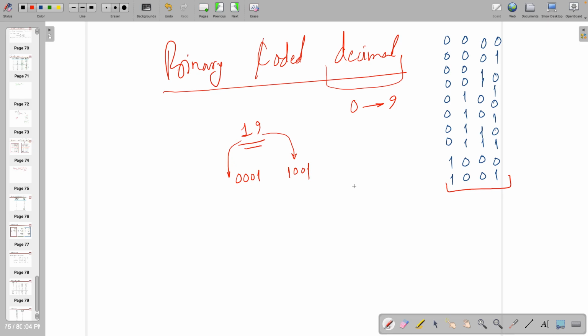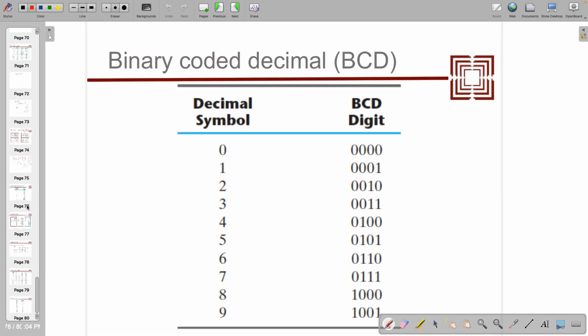If I want to write 229, then I am going to write 1001 for 9, 2 is equal to 0010, and so on. So it's binary coded decimal, it's pretty easy. The same thing is followed here, that BCD digits go from 0 to 9 and the rest of them are rearranged accordingly.